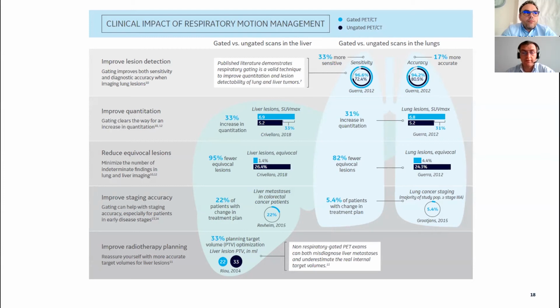Related to the above is also improvement in staging, as that is changing accuracy up to 20%. In relation to better quantitation, better lesion edge definition, and more accurate volume definition, there is improvement in radiotherapy planning, reported as well in publications.